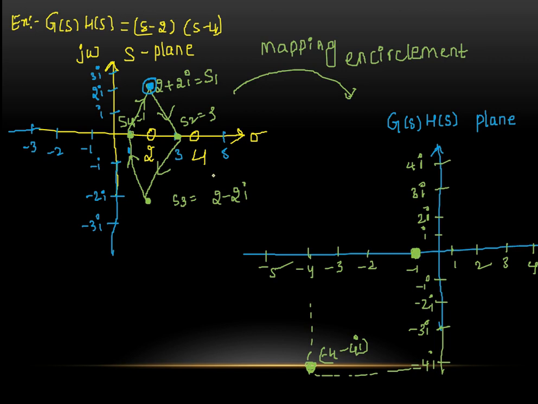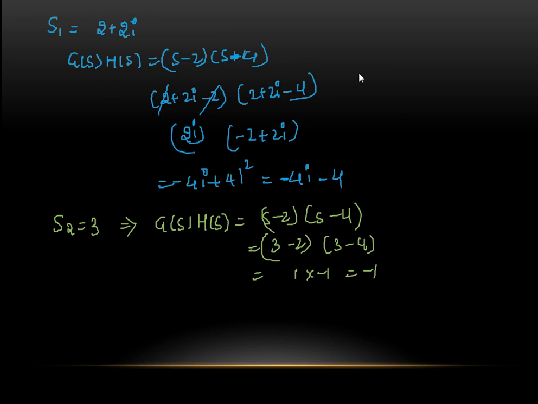Similarly, when s equals 2 minus 2i, what is G(s)H(s)? When s equals 2 minus 2i, G(s)H(s) is (s minus 2) into (s minus 4).